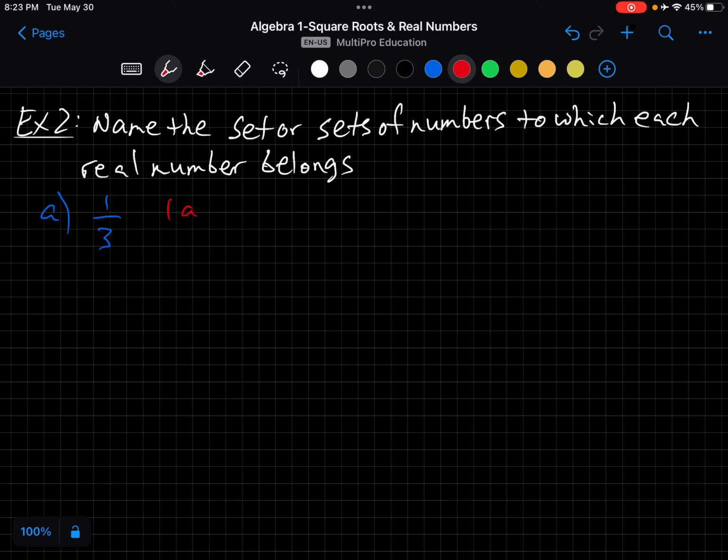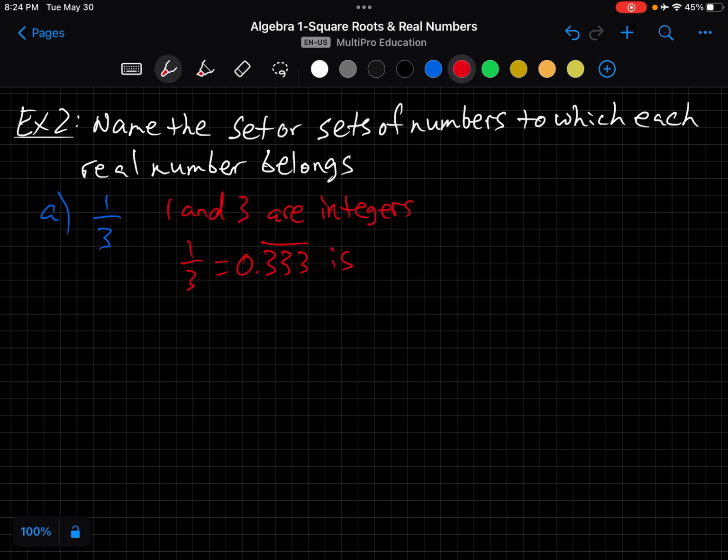All right, so 1 and 3 are integers. And if we put 1/3 in decimal form, it would be a repeating decimal.